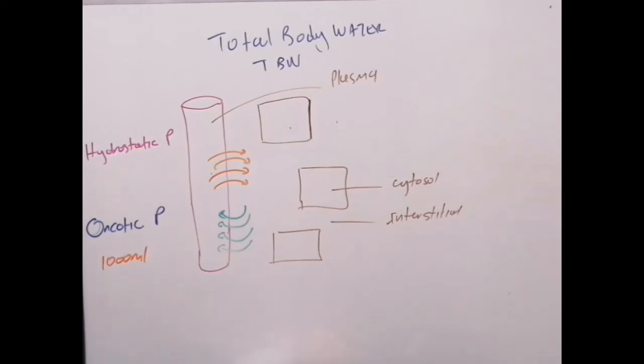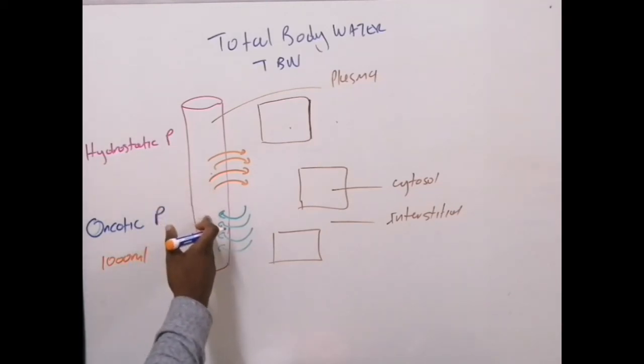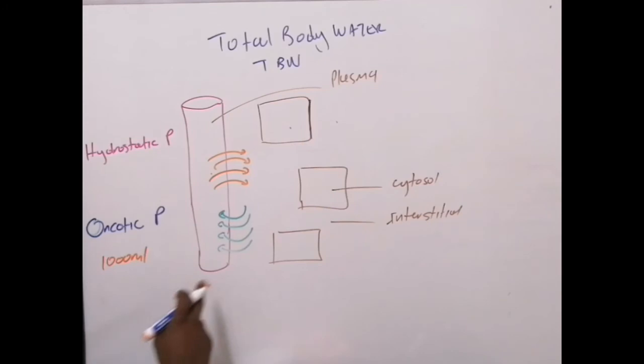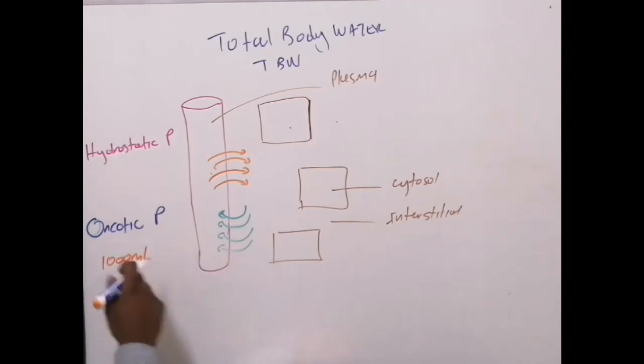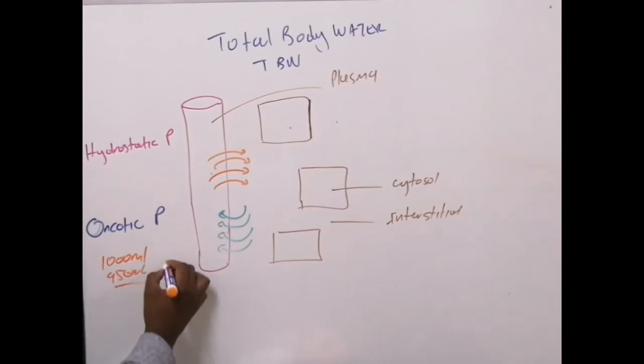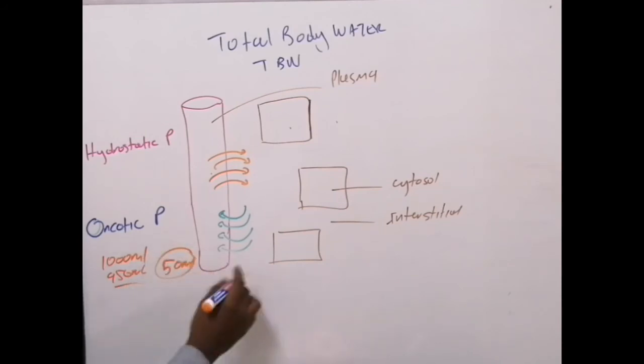Let's say the hydrostatic pressure took about 1,000 mils of intravascular fluid into the interstitial, and the oncotic is only able to take back about 950 mils, which means you've got 50 mils of water that will stay in the interstitial space. What happens to that excess fluid?